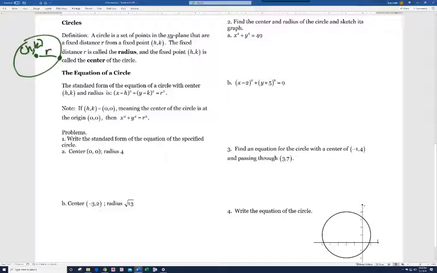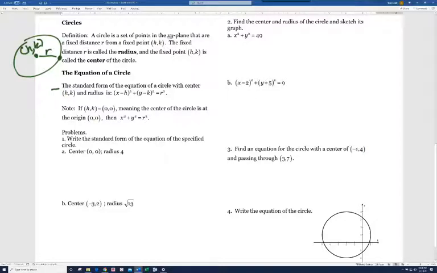Equation of a circle. The standard form of the equation of a circle with center (h, k) and radius r is the quantity (x minus h) squared plus the quantity (y minus k) squared equals r squared.